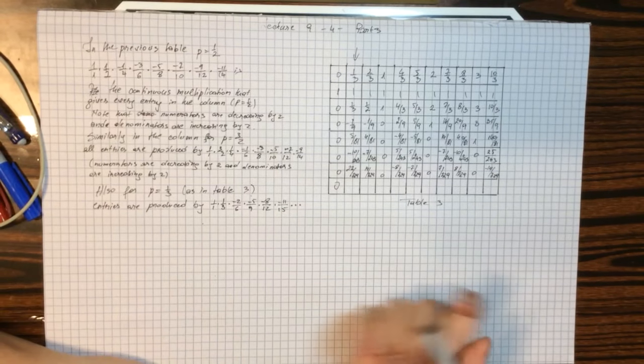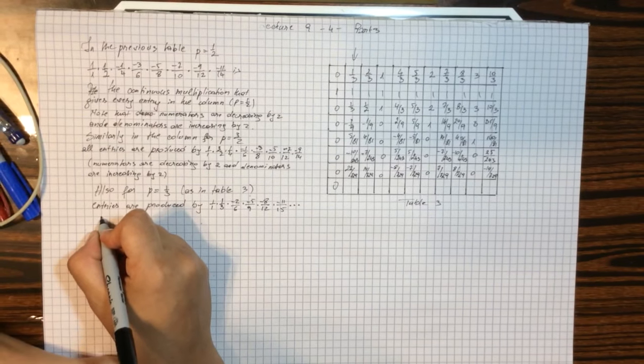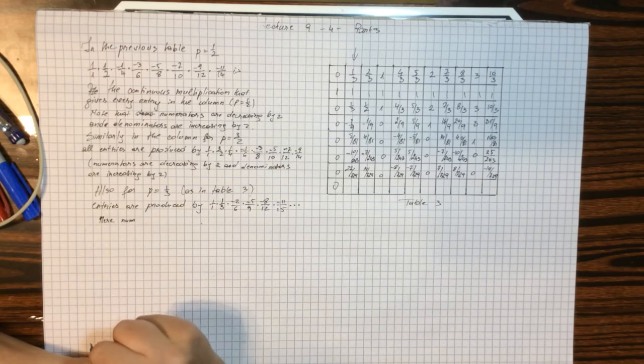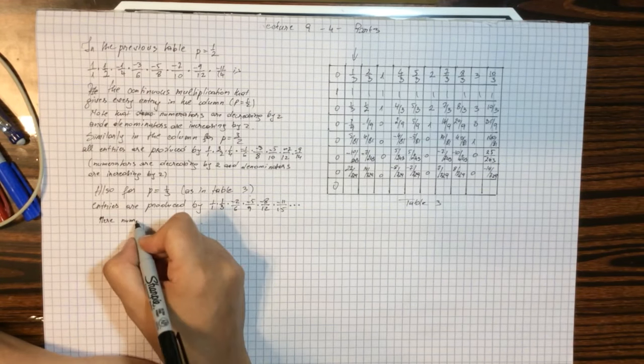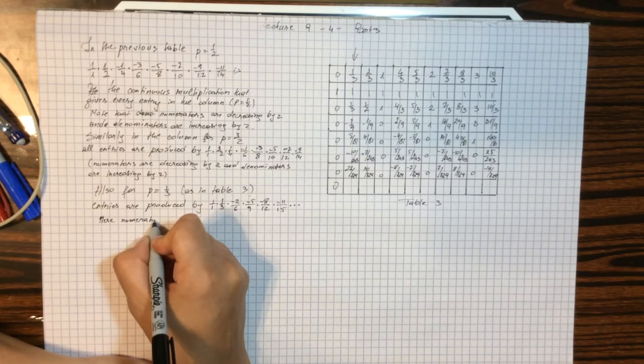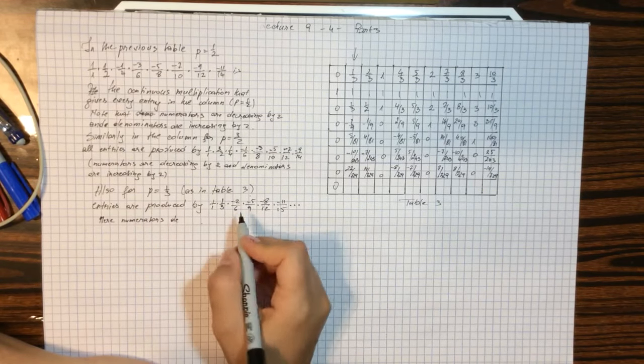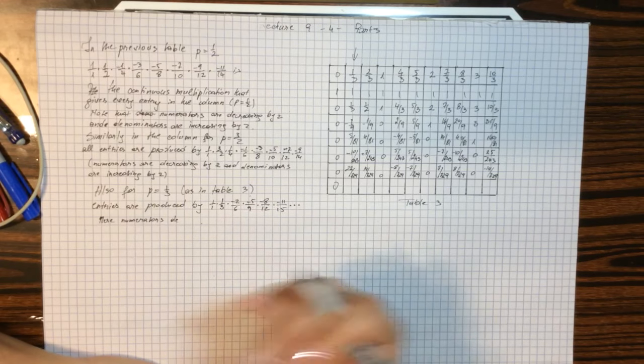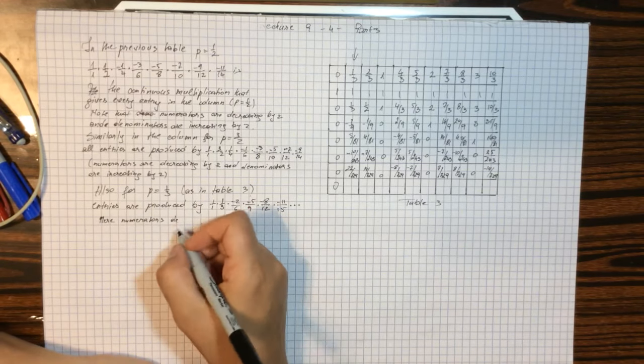So here, the numerators decrease by what? By 3. Numerators decrease by 3: 1, minus 2, minus 5, minus 8, minus 11, you're decreasing by 3.